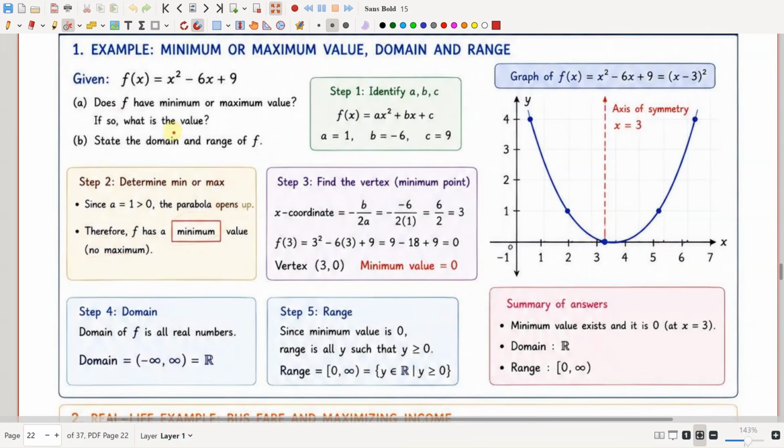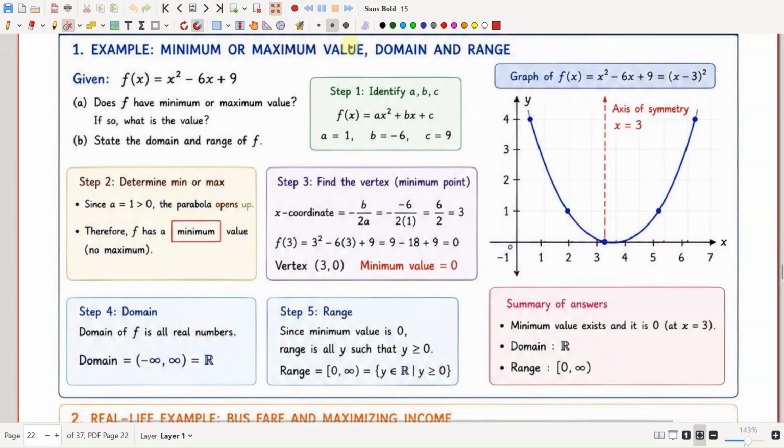Then we are asked to find the minimum value. So see here, does f have a minimum value? If so, what is the value? We have found that there will be some minimum value, so now we are asked to find what that minimum value will be. To find the minimum point, you just have to find the vertex.